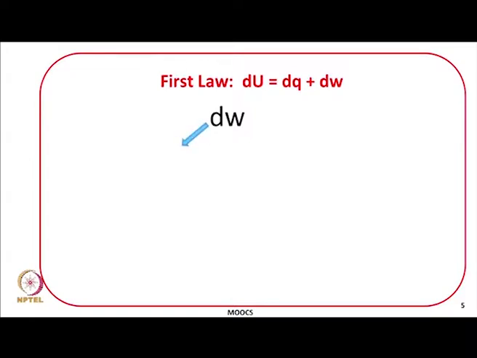First one is the non pressure volume work, which in some books you will see that they write as extra work. And the second type of work is the work of expansion, which is also called the pressure volume work.